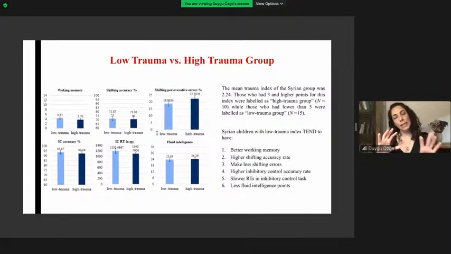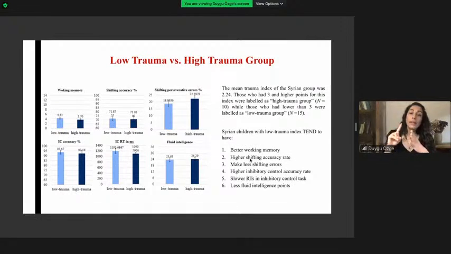We wanted to see how the amount of trauma could influence those children, and we grouped Syrian children into low trauma and high trauma groups. We didn't find any significant findings here because we didn't have so many children tested, I have to say. So the power was very low here, but we had some tendencies. We saw that Syrian children with a low trauma index had better working memory and higher shifting accuracy.